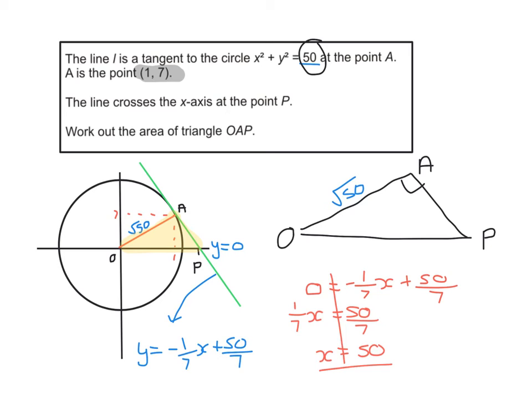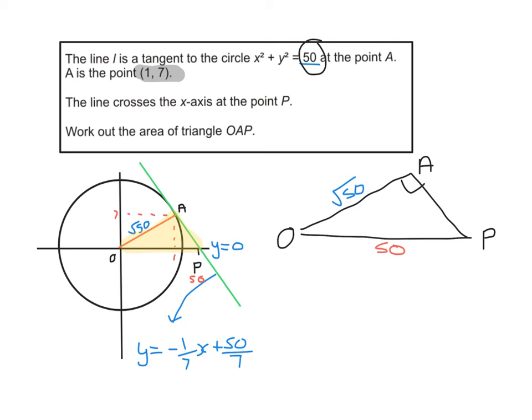So that point P there is at 50 on the x-axis. So actually this whole length here is 50. I can now use Pythagoras here to figure out that shorter side. So it's going to be 50 squared, the longer side, take away root 50 squared.